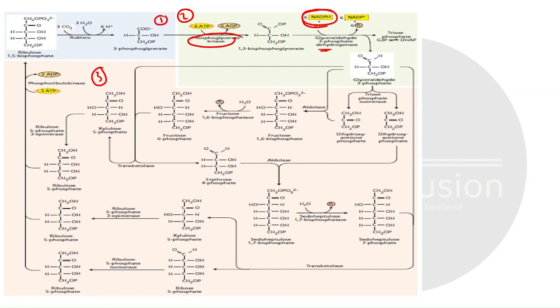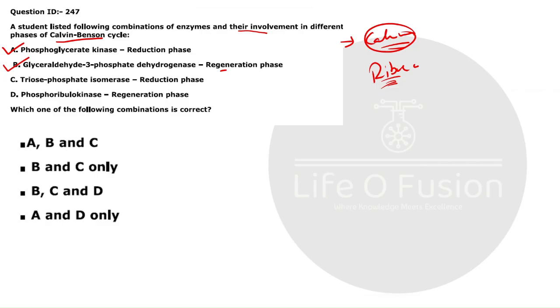Remember, this pathway uses more NADPH. Most of the time, you get questions like: breakdown of one molecule of ribulose 1,5-bisphosphate will use how many NADPH. When I teach you that part, I'll give you more details on this pathway. So glyceraldehyde 3-phosphate is in the reduction step.